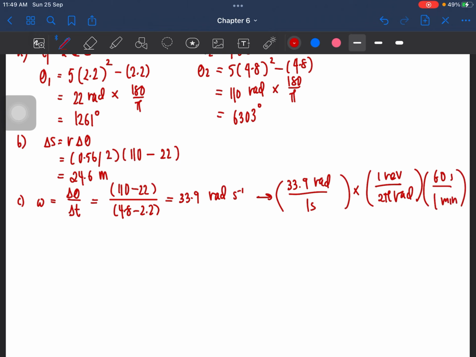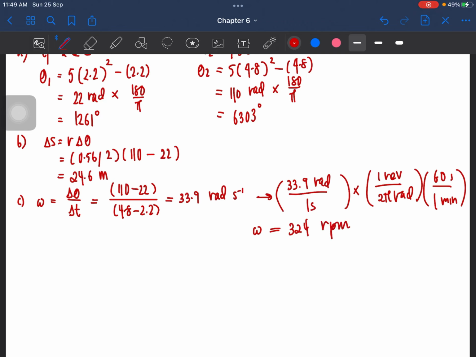That is how we convert from radian per second to revolution per minute. So you will get 324 revolution per minute.